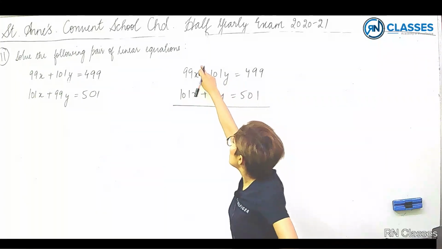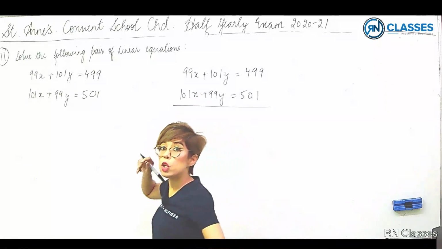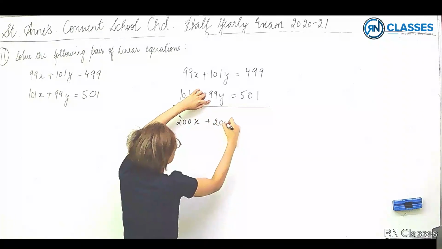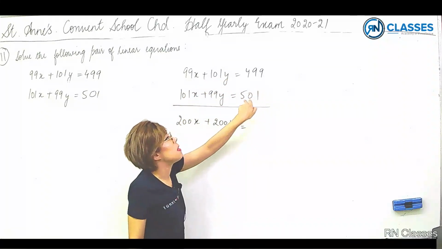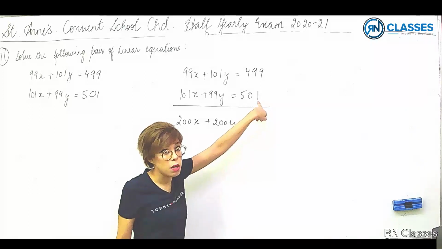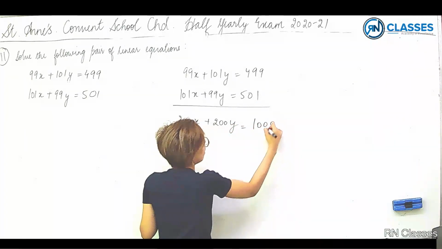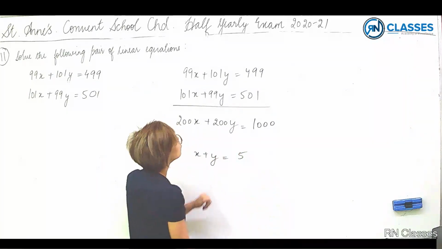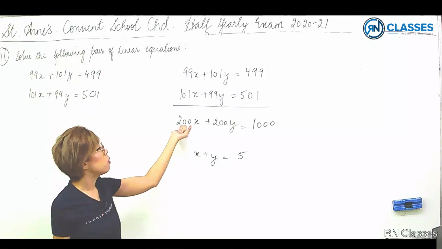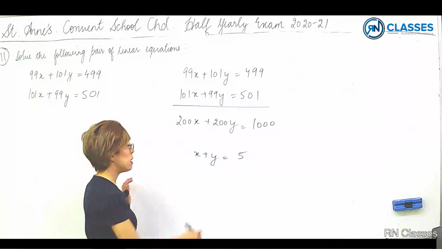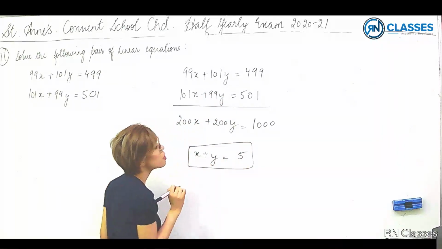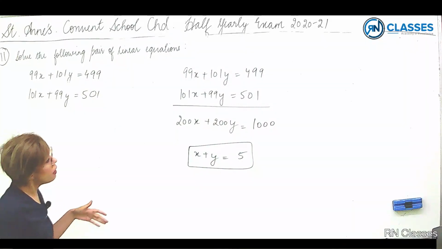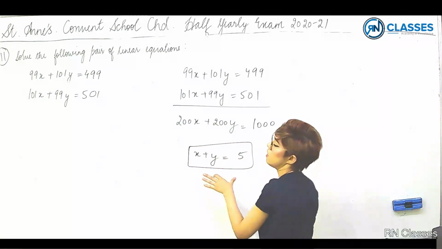So 99x plus 101x, that is 200x, plus 200y equal to 499 plus 501, that is 1000. So I can write this as x plus y equal to 5, because I'll take 200 common and it will get cancelled. So this is one of the equations, and this equation has quite nice coefficients. Now I added the 2 and I got such a nice equation.